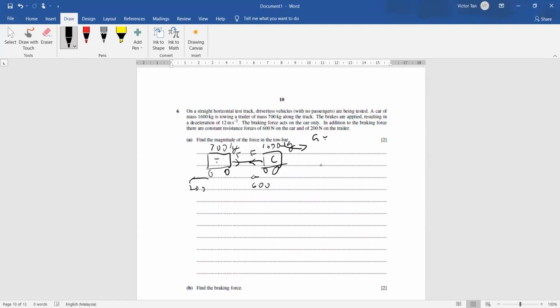So A equals minus, you have braking force. Put it as B, which acts on the car only.